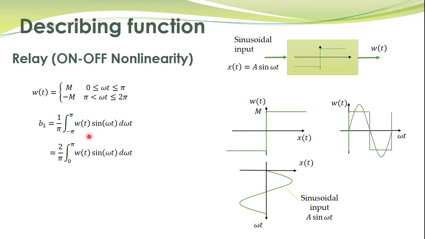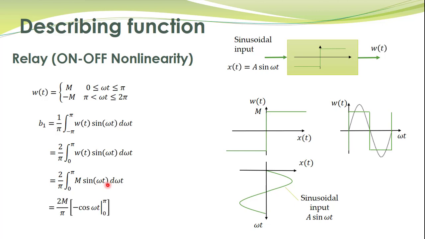So this is the same as 2 divided by pi times the integral from 0 to pi of this thing. So w of t, what is that? w of t from 0 to pi is equal to m. We have simply substituted it over here, and then you can easily integrate it.